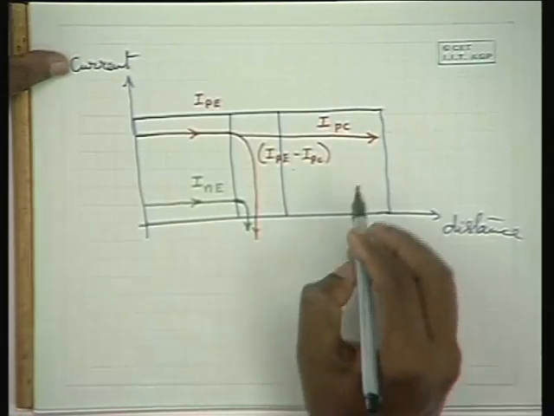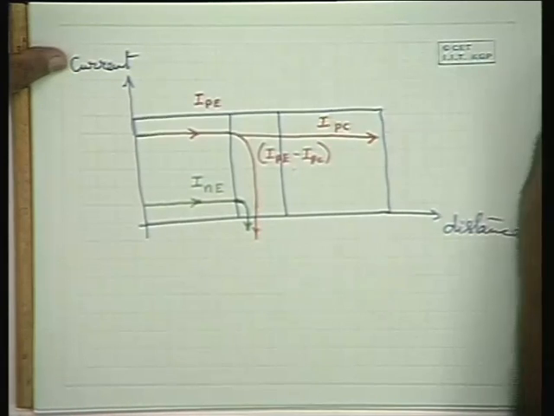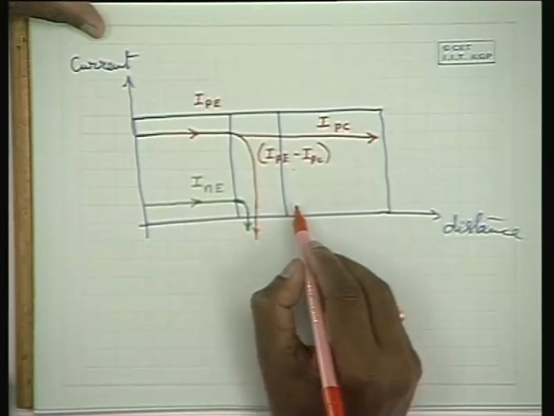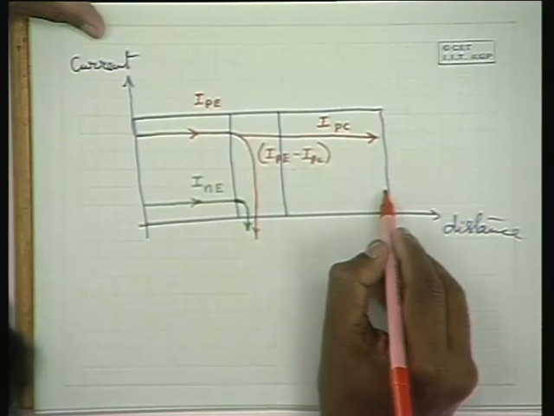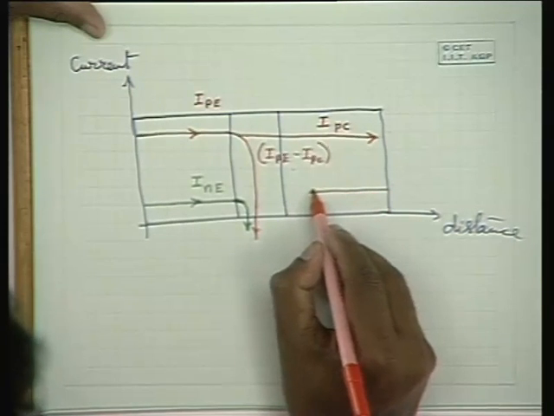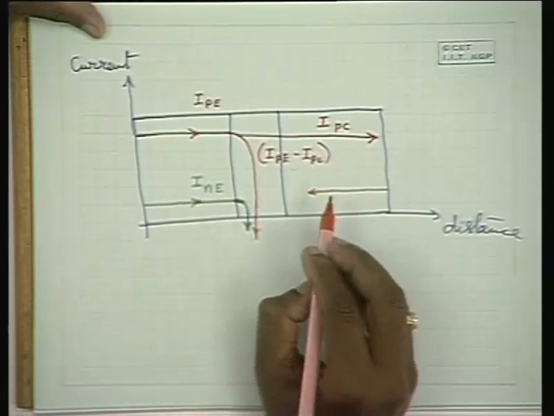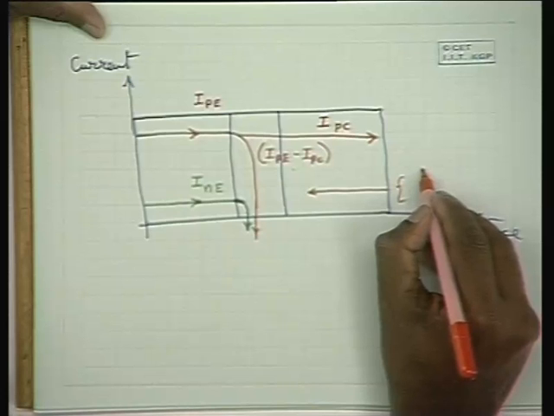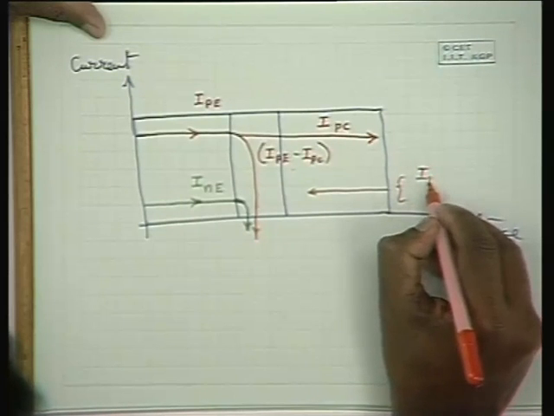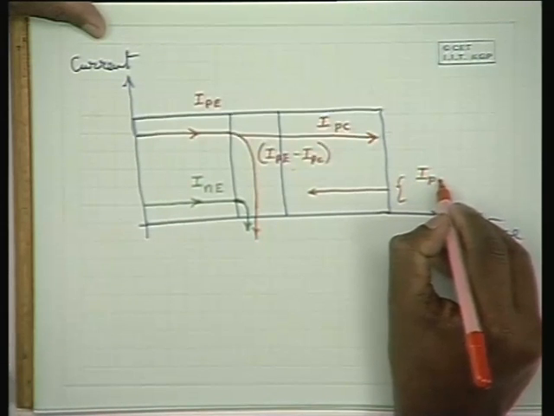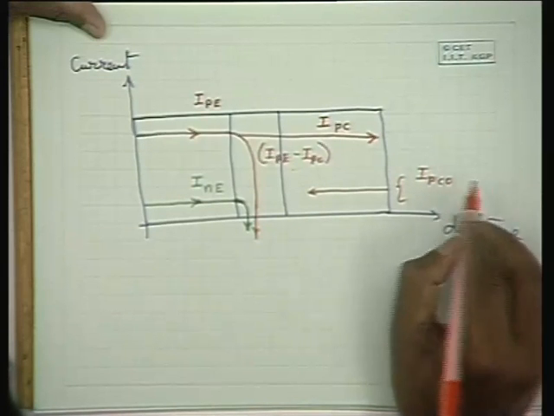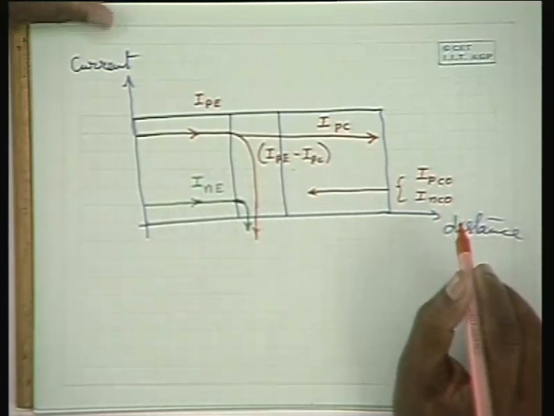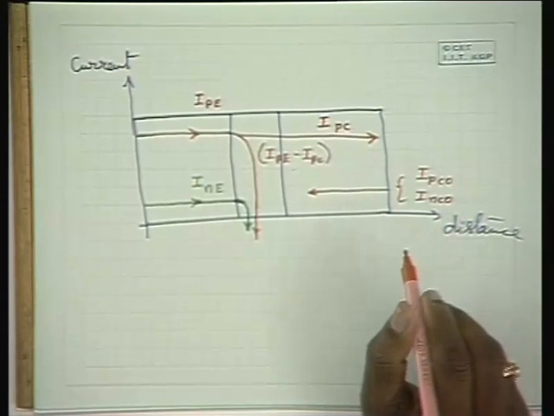Therefore you have here minority carrier current flowing like this, and this minority carrier current is of a low value, and this is partly due to the holes. If I indicate it as IPC naught, and the electrons, minority carrier holes and minority carrier electrons.